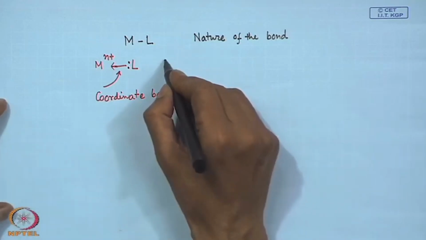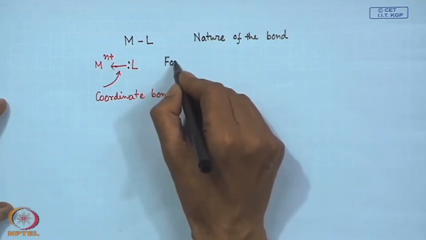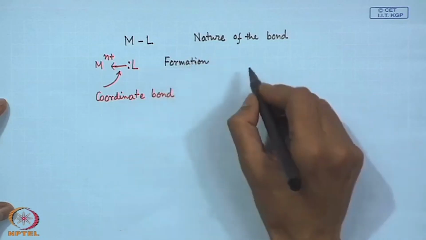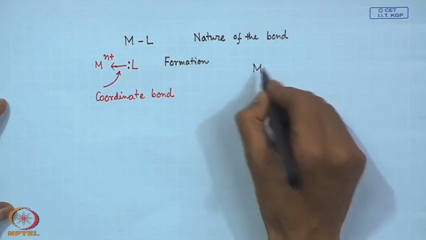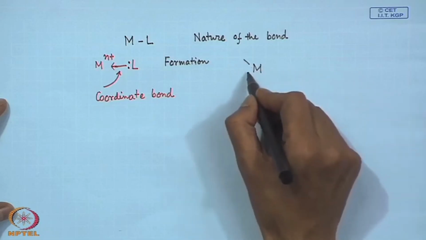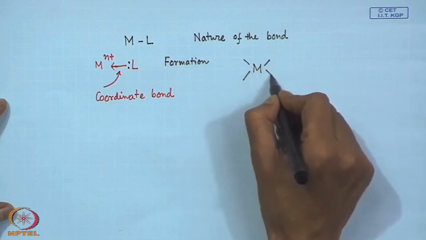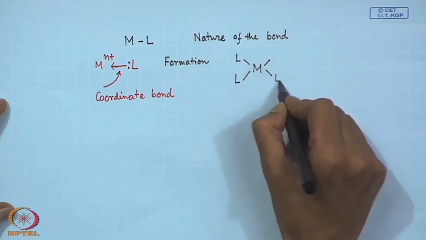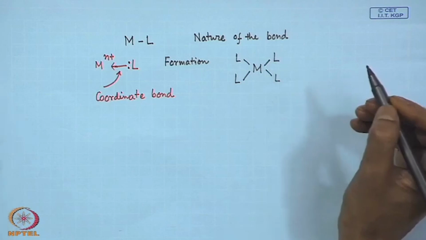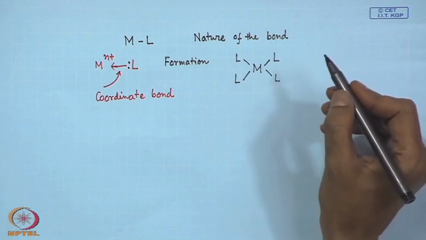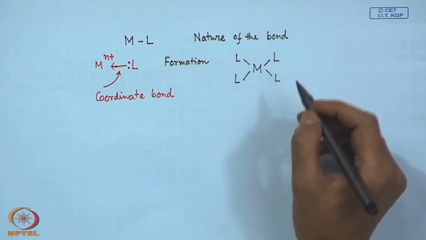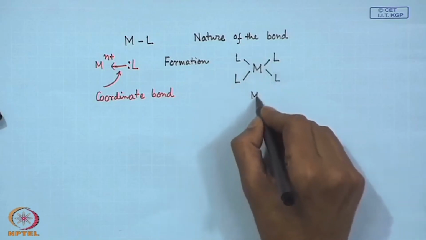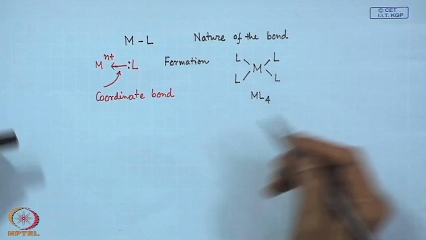So not only the formation of the bond, it can be more than one, because we know that a particular metal complex can be formed depending on its coordination number and preference of that particular metal ion. So if it is forming 4 such bonds, we get a corresponding ML4 species.